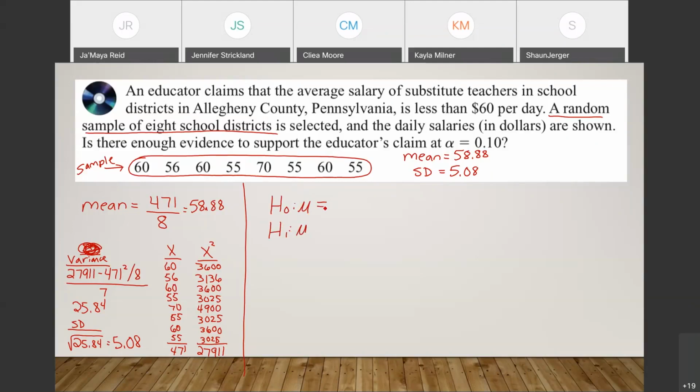All right, so we want a less than in this one, and it's less than what number? 60. Good. All right, and that first sentence says the educator claims that it's less than 60. So I'm going to put the claim next to that.